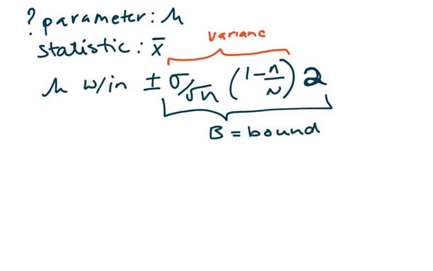Before it was z star, and the sigma over root n was our variance of x bar. And now it's going to be sigma over root n times the square root of 1 minus little n over capital N. Multiply that by 2 to get the whole length of the confidence interval. That will be our bound, how far away we believe mu is from our x bar. So we'll create an interval that we believe mu is plausibly going to be in, and it'll be in those intervals about 19 times out of 20, or 95% of the time.